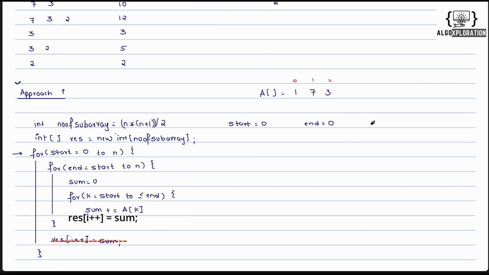So k will be running from 0 to 0 because we have to iterate from start to end. From 0 to 0 there is only one element, so the sum will be 1, right? Let's increment the end again. The k has to iterate from start to end, that will be 0 to 1. Now if we iterate from 0 to 1, the sum will be 8.